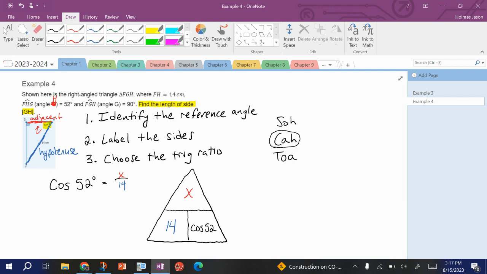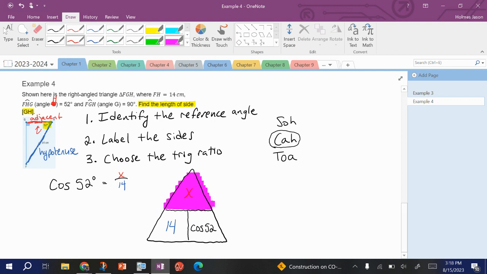What this allows me to do is cover up the missing piece, and then it will reveal to me what I'm supposed to do. So let's say, for example, that this was my missing piece. It would tell me to take x divided by 14. But of course, that's not what we have here. We have the unknown up here in the numerator. So x is going to be right there.